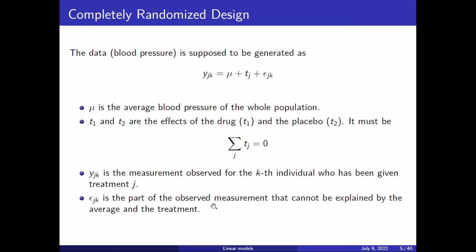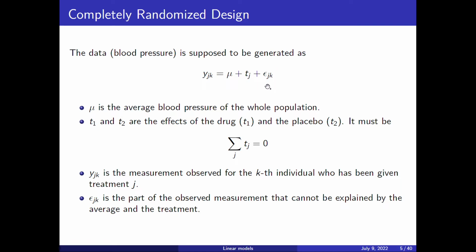Okay, so the next step will be to assume what is the data generation model. How have we reached these observations? Linear models get your observations by adding terms: an overall mean, plus something that depends on the treatment that you have received, plus something that depends on the specific person.